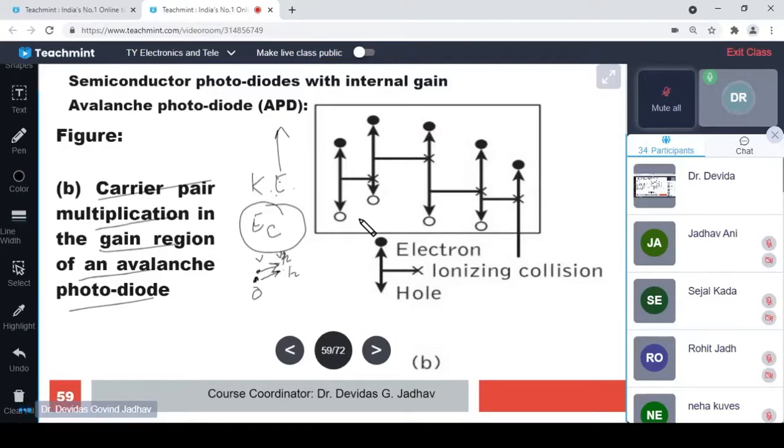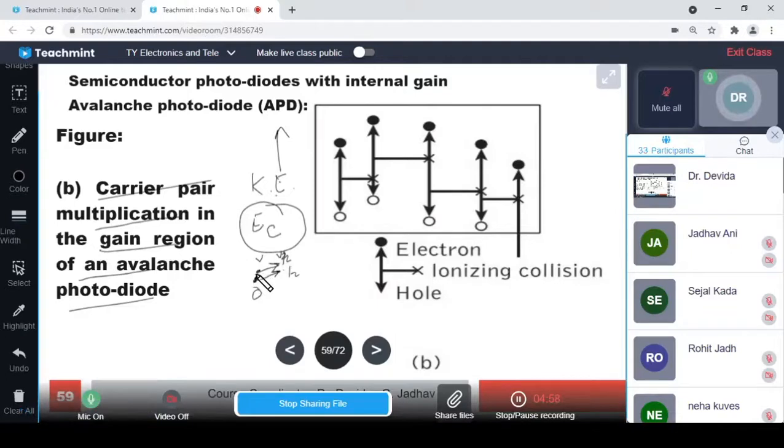Similarly, when a very high kinetic energy electron collides with the atomic structure, it releases one more electron. The released electron and the original electron share the momentum and half of the energy, and they travel further and collide, releasing 2 more electrons. So 2 electrons create 4 electrons.